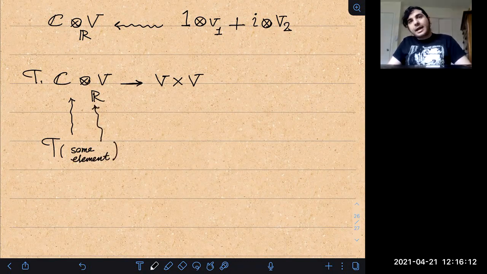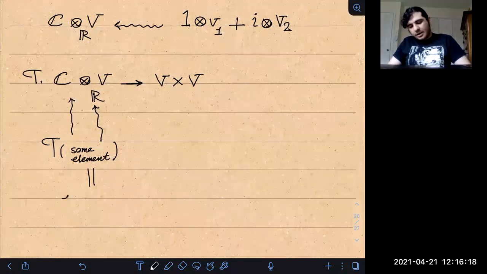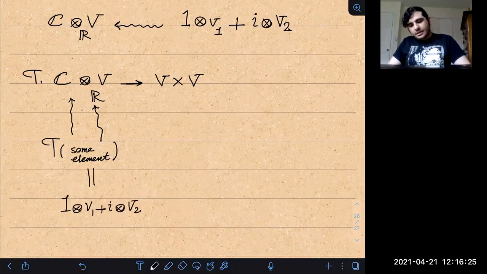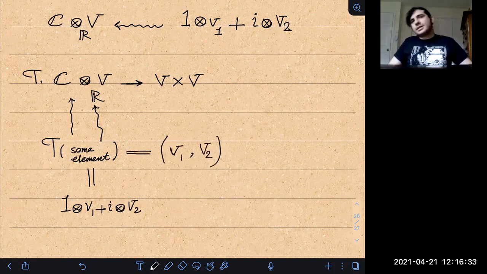But I know any element inside this space is equal to 1 tensor V1 plus i tensor V2. I define T of that to be just V1 and V2. I would just write them in order, V1 first, V2 second. That's an element inside the vector space V times itself, V times V.